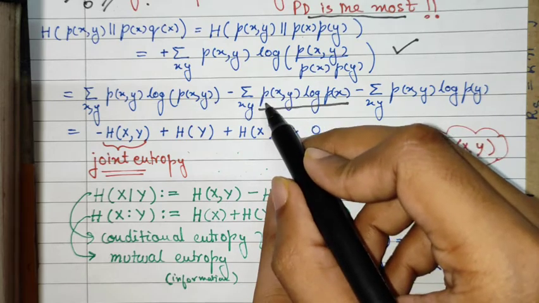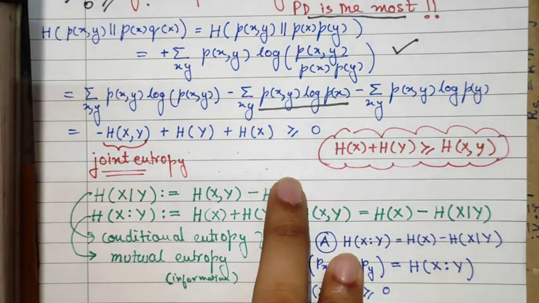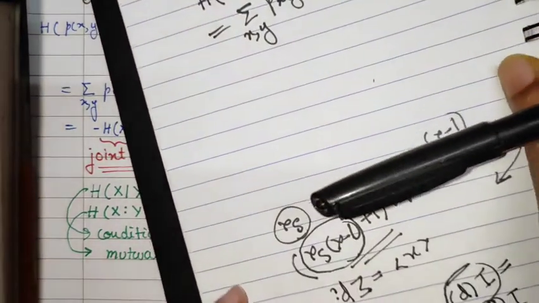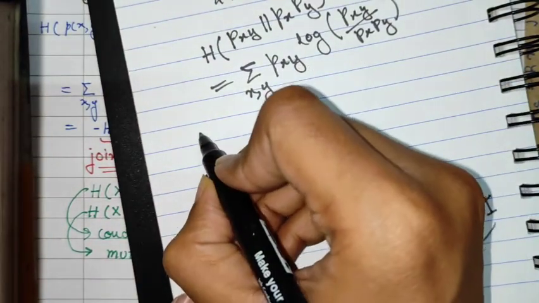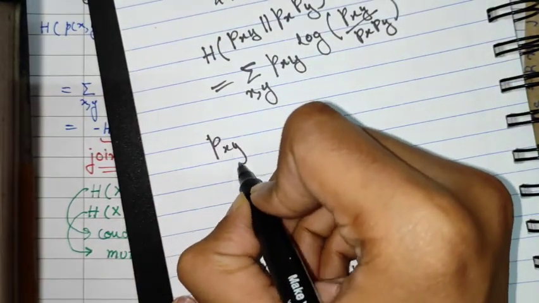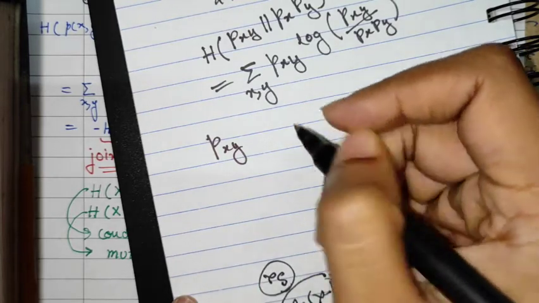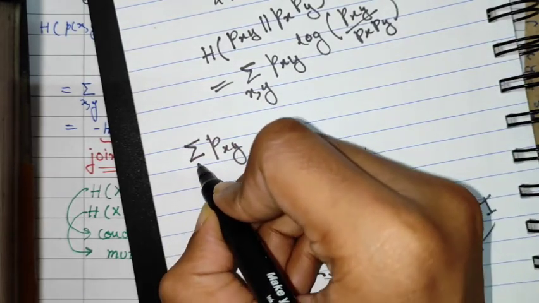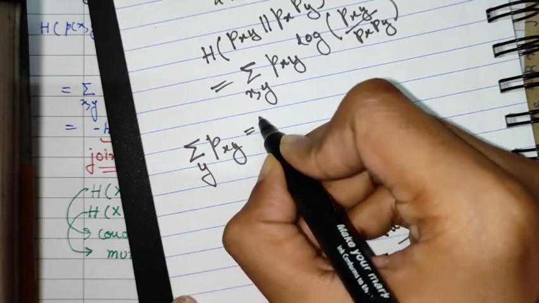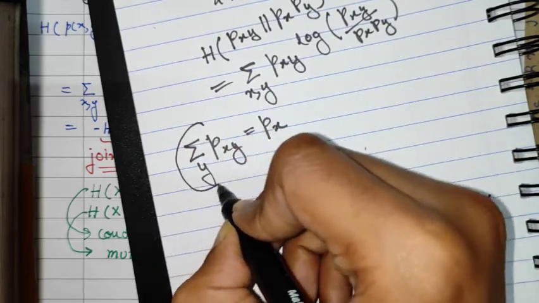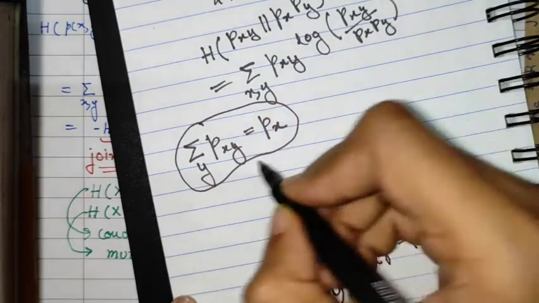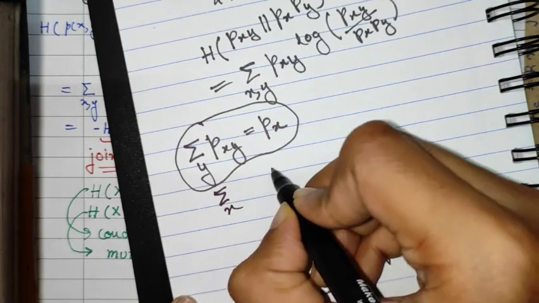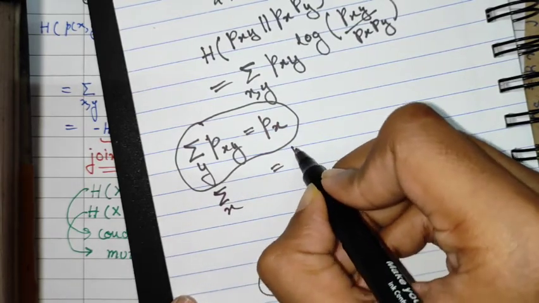So why is that so? Because p(x,y) is a total probability distribution, and summing over the y part of p(x,y) will give me p(x). Similarly, summing over the x part will give me p(y).